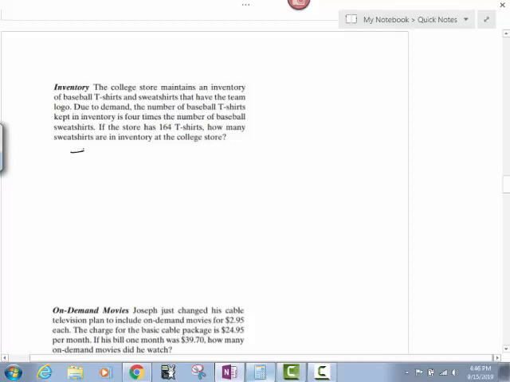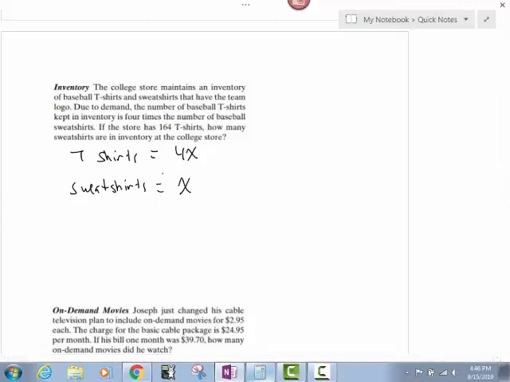Okay, so let's go like this. T-shirts and sweatshirts. It says the number of t-shirts is 4 times the number of sweatshirts. I don't know how many sweatshirts we have, but we have 4 times as many t-shirts. If the store has 164 t-shirts, how many sweatshirts are in inventory at the college store?